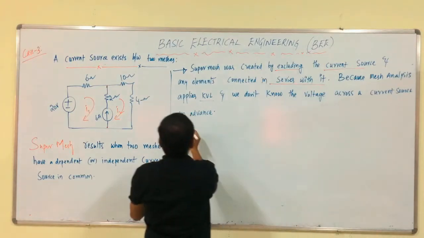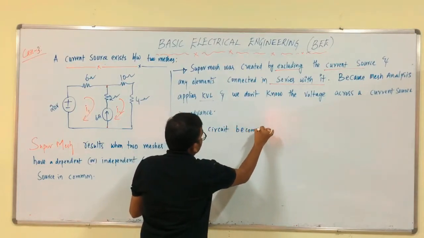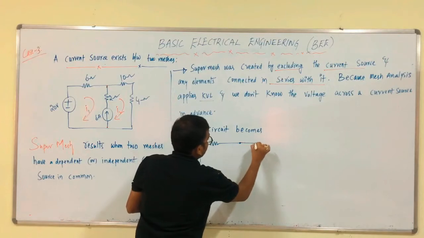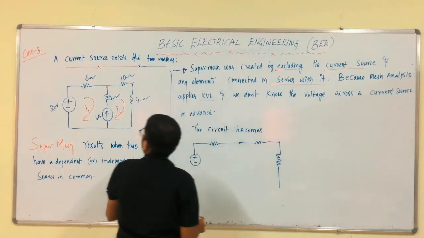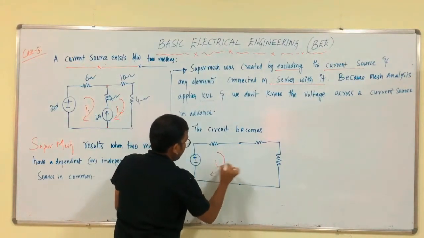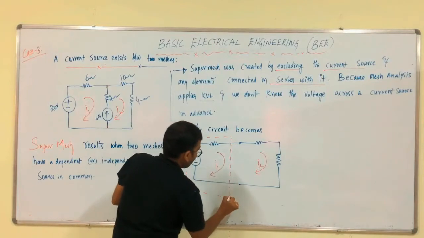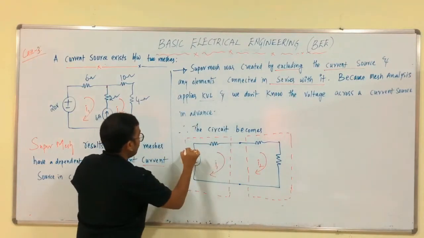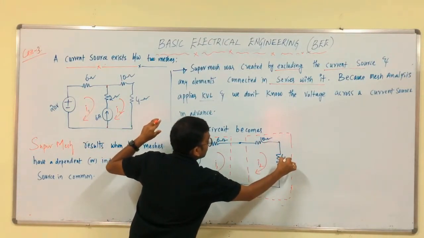Therefore the circuit becomes: 20 volts, 6 ohms, 10 ohms, 4 ohms, with currents I1 and I2.